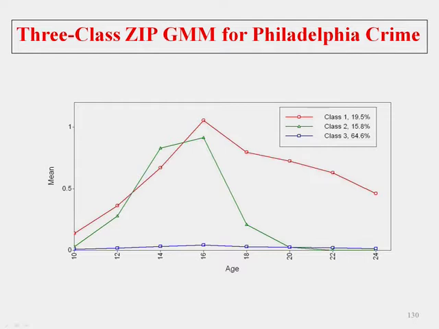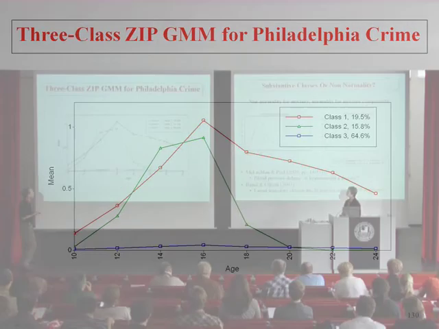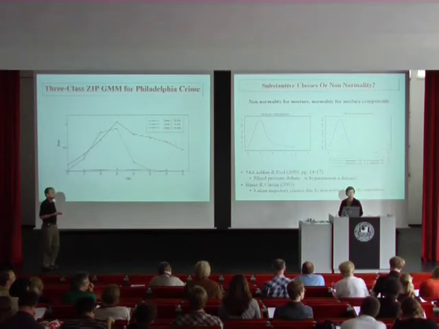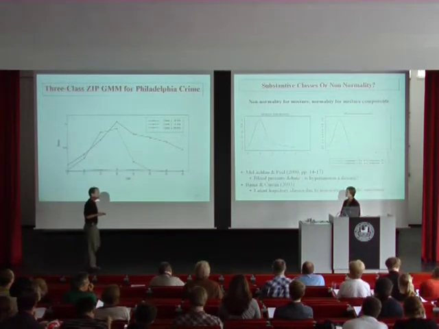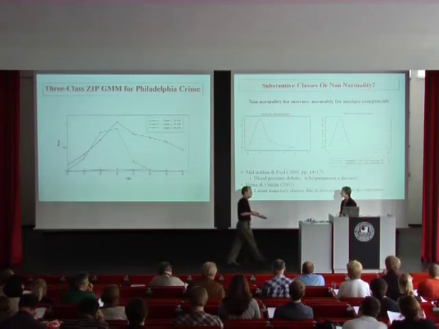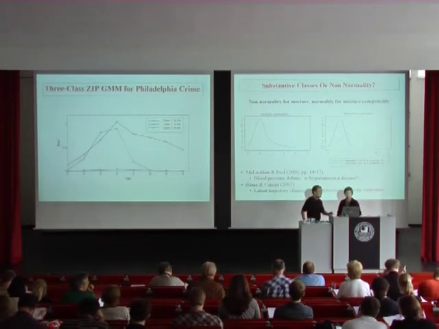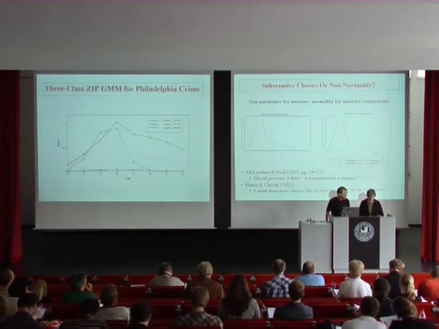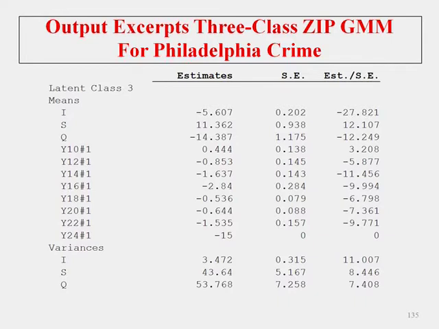But this is class 3, right? The normal class. That's class 3, yes. And the results are the slope is 11.36 and significant. Could you get to the page output corresponding to that? Maybe it is on 130. 135. 135, okay.